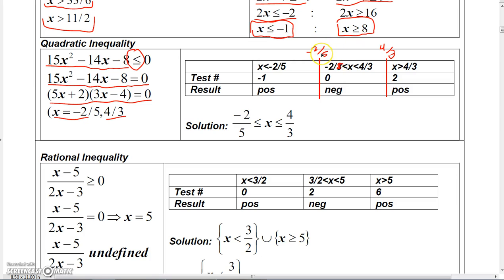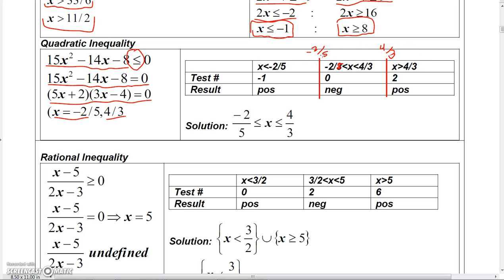These are the values where that expression can change sign. So all I have to do, since these are the only places where the sign can change, is pick a number in the intervals that these two numbers divide the number line up into.